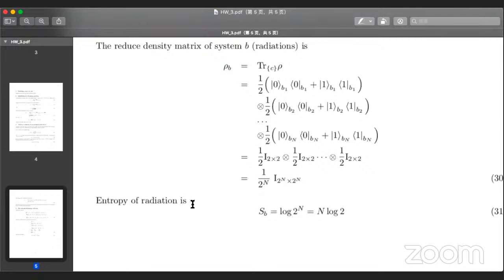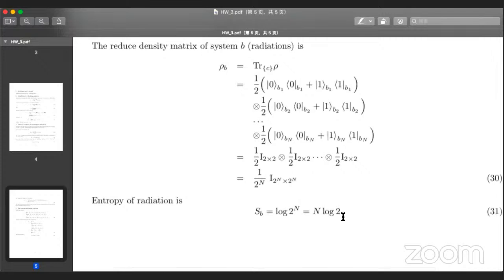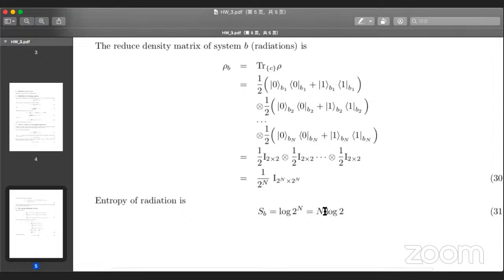Thus the entropy is the log of the number of diagonal elements, so 2 to the n, which gives n times log 2. So this entropy grows with the number of pairs linearly. In the later section, we will see how to make corrections to this state, and I will leave this for Samir.